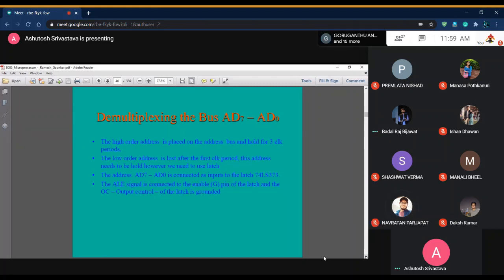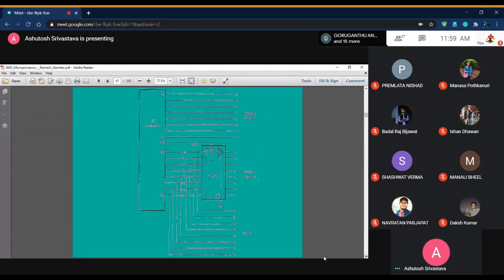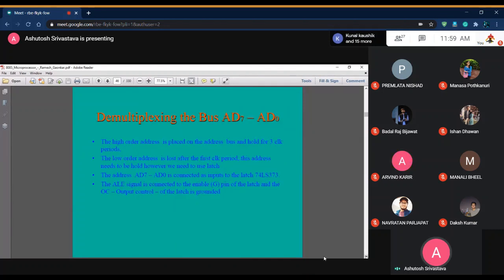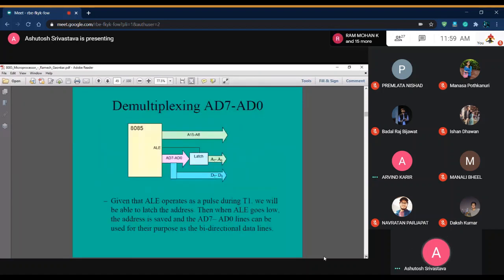Yes, sir. Okay. So please note down this before we move further. I think this diagram is very important. Please note down. This is very important to understand the basic operation within the CPU system.